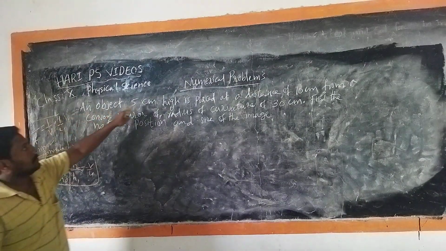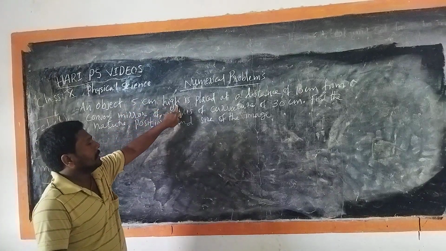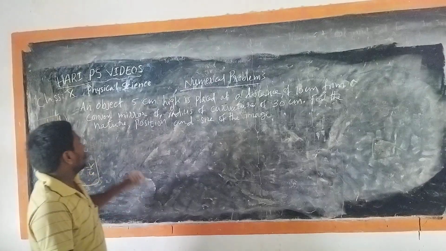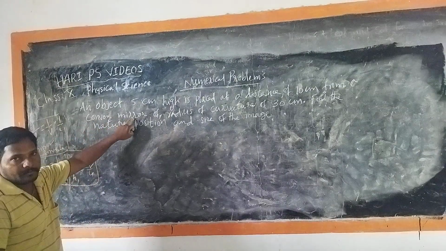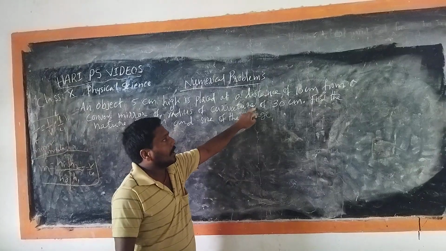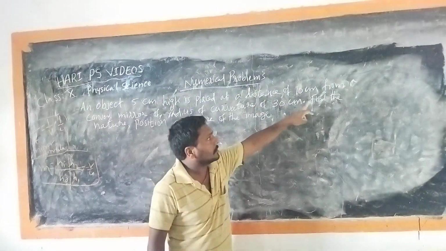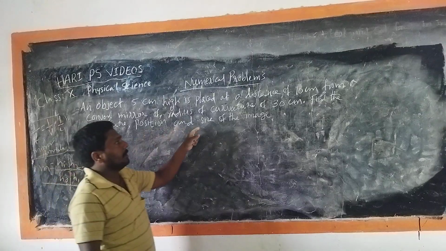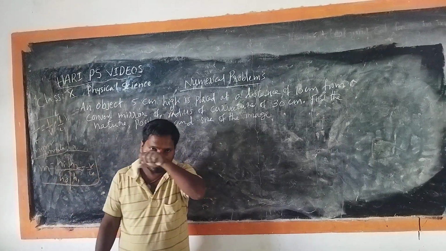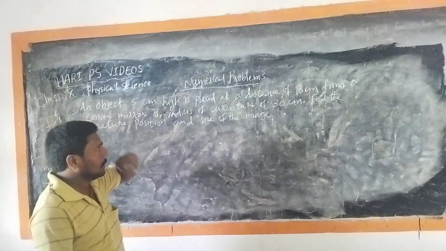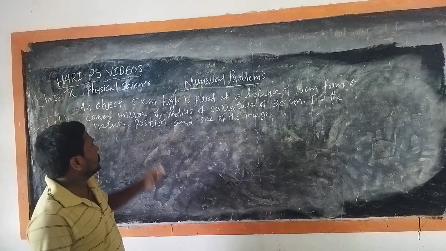An object 5 cm high is placed at a distance of 10 cm from a convex mirror of radius of curvature of 30 centimeters. Find the nature, position and size of the image. Right? So let us find. Read the problem again.